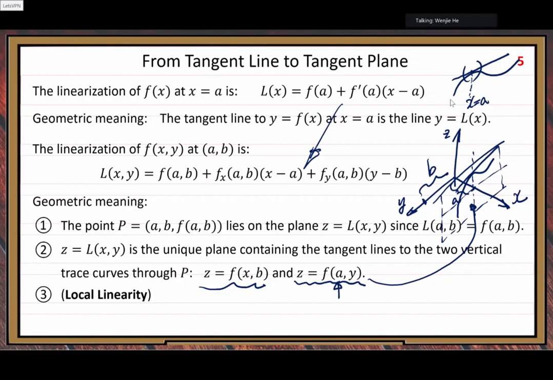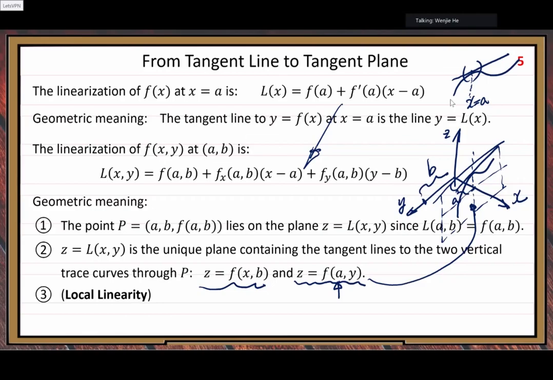Here, we need to consider local linearity of this original function, the f function. This f of xy, does it have the local linearity property? Sometimes it has, sometimes it does not. So we need to take a closer look at this local linearity property.